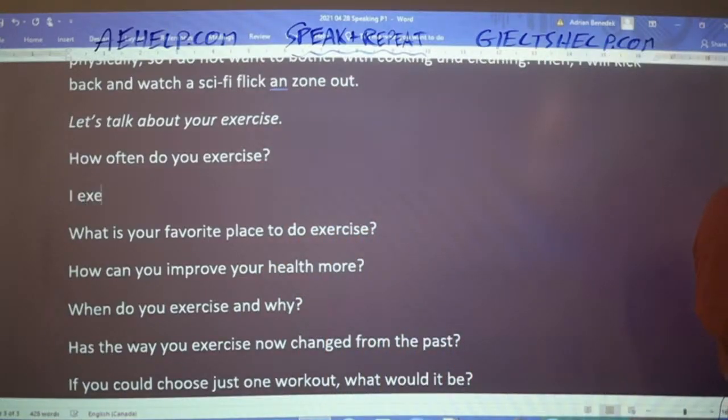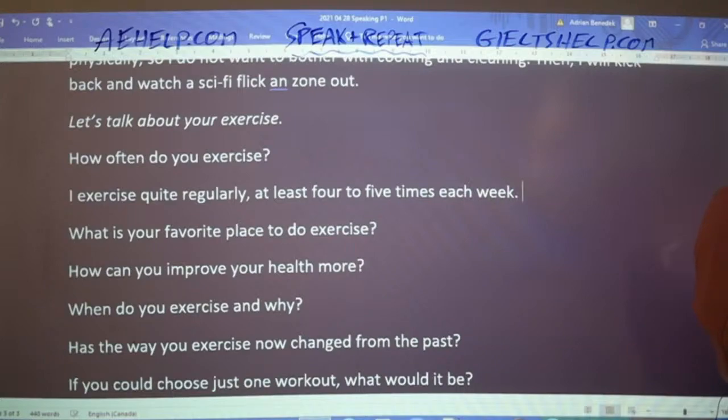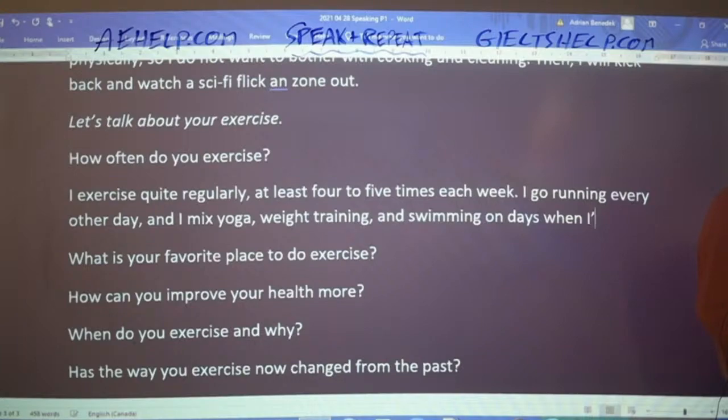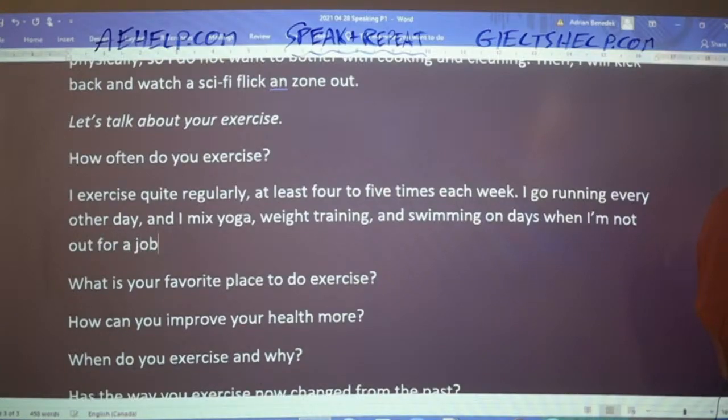I exercise quite regularly, at least 4 to 5 times each week. I go running every other day, and I mix yoga, weight training, and swimming on days when I'm not out for a jog.